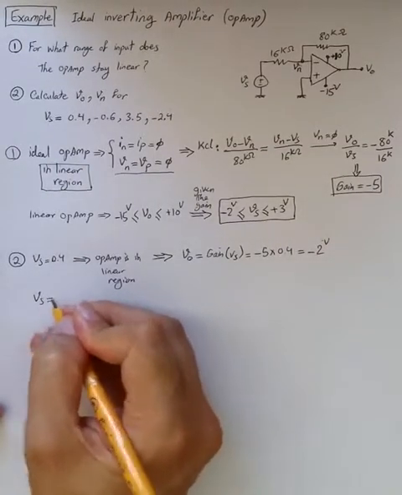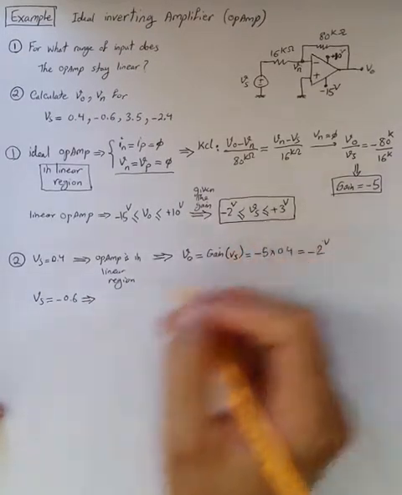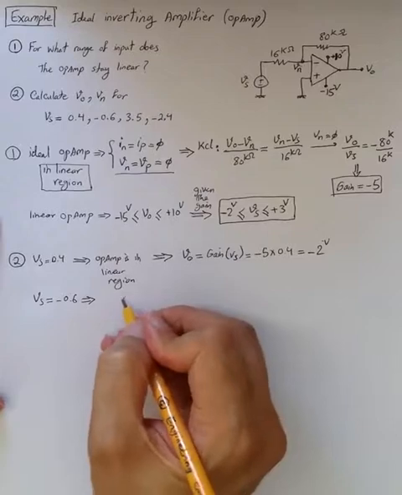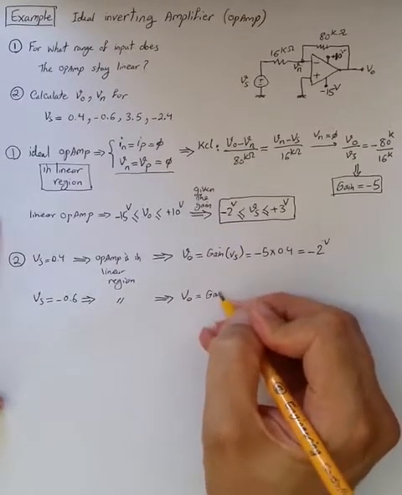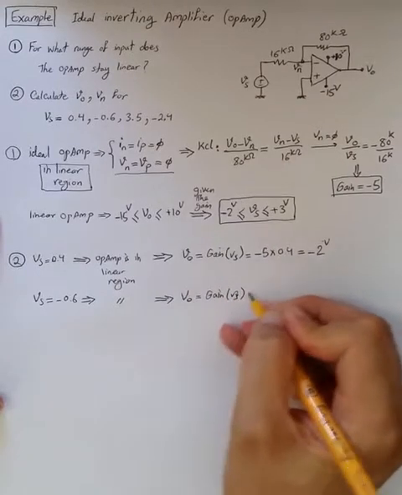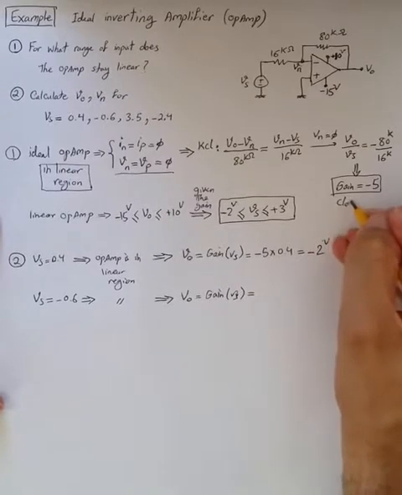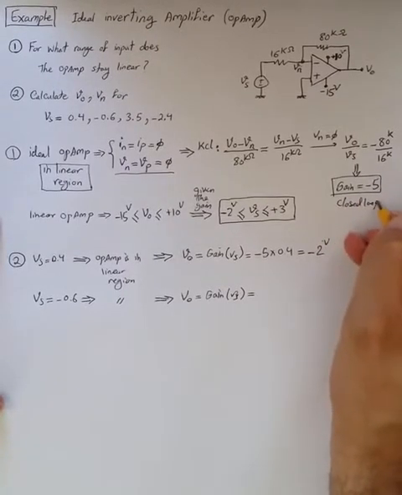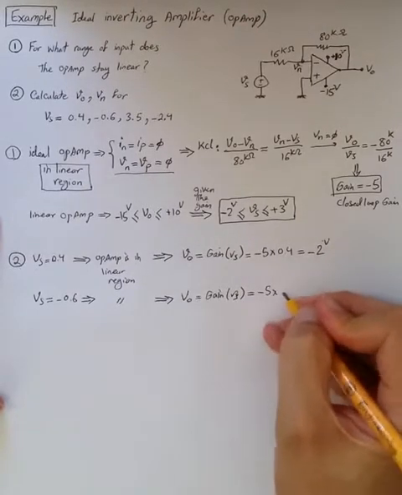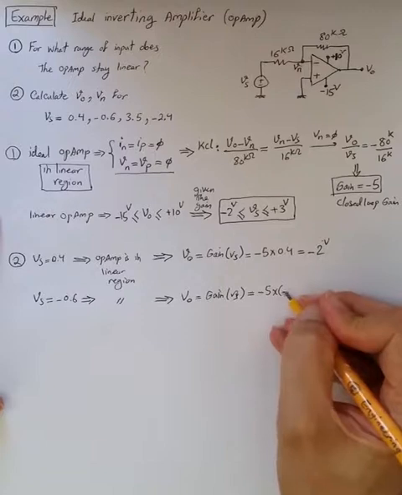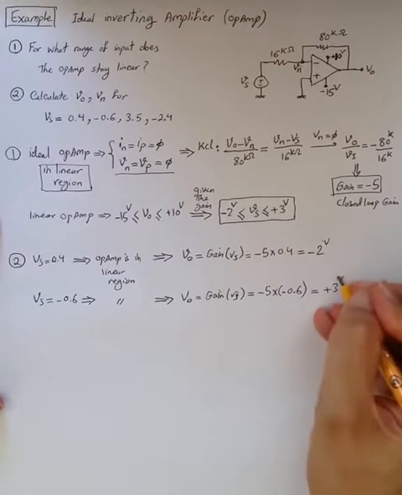When Vs is minus 0.6, same thing, it is still in this range, so the op-amp is in linear mode of operation, so V out is again the closed loop gain that we found times Vs, so it is minus 5 times minus 0.6, we get positive 3 volt.